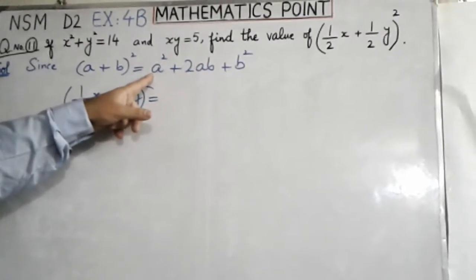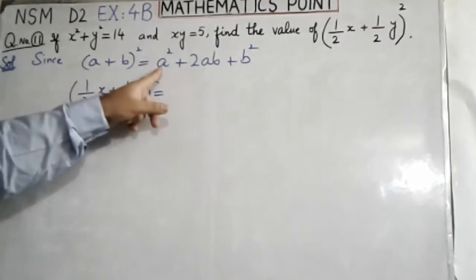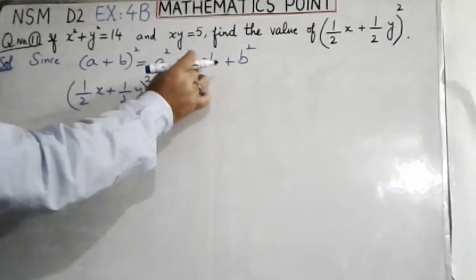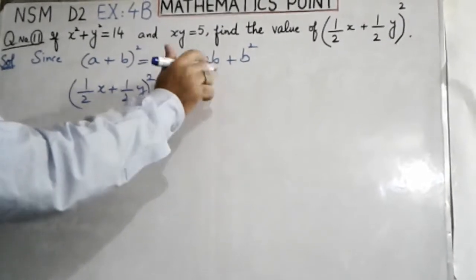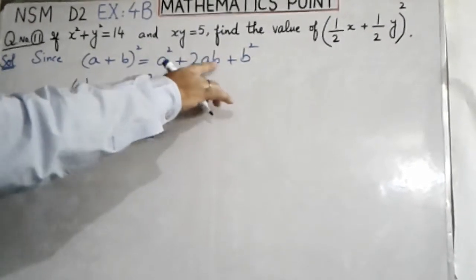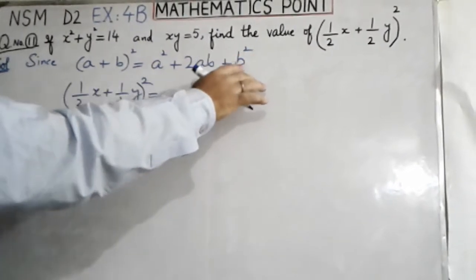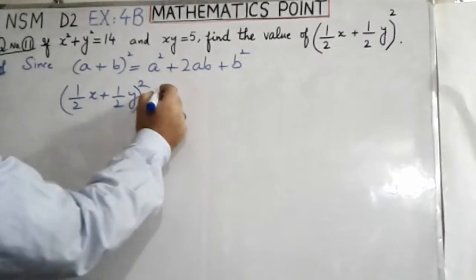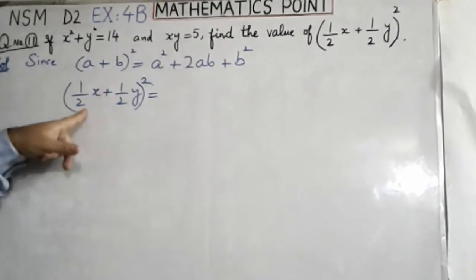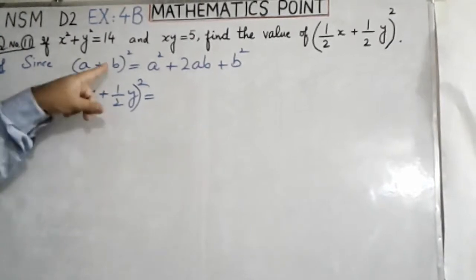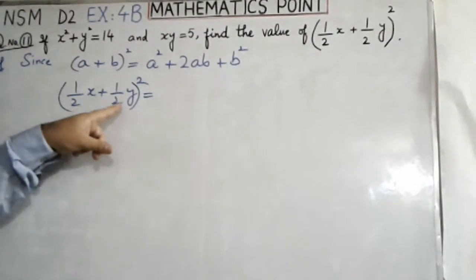First of all, we take the square of the first term, a square, plus 2 into first term into second term, plus the square of the second term. In the question, our first term is 1 by 2x and our second term is 1 by 2y.